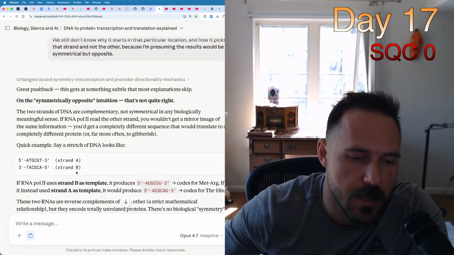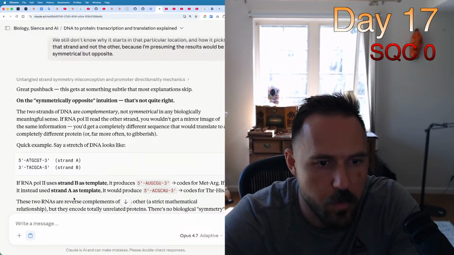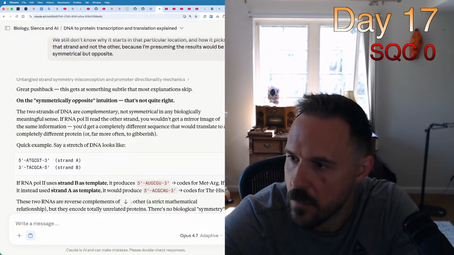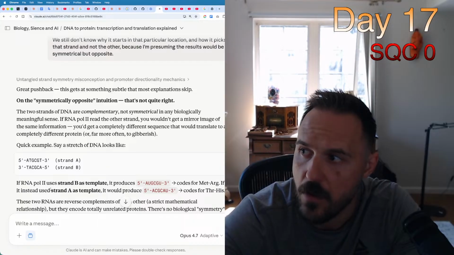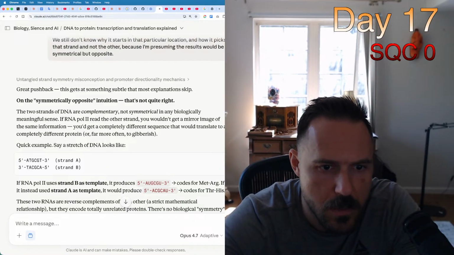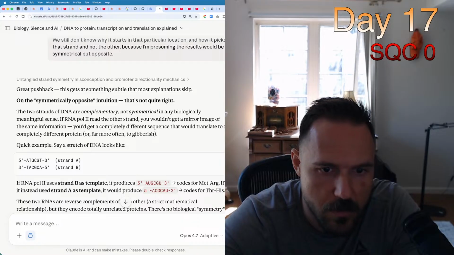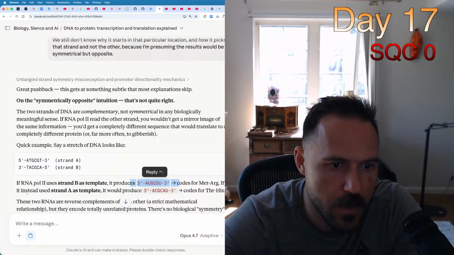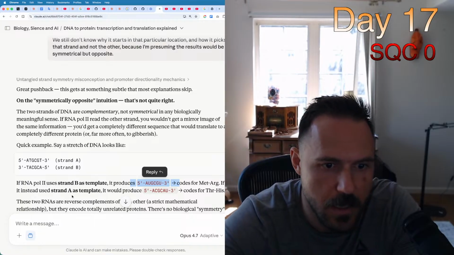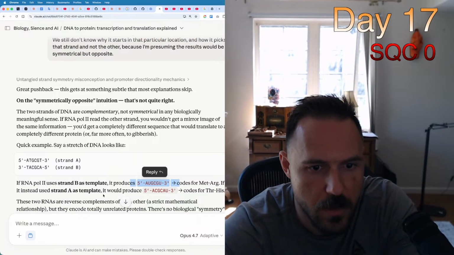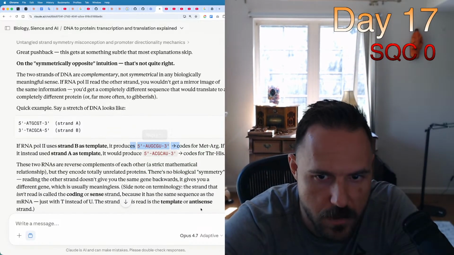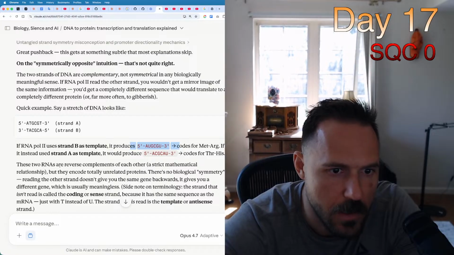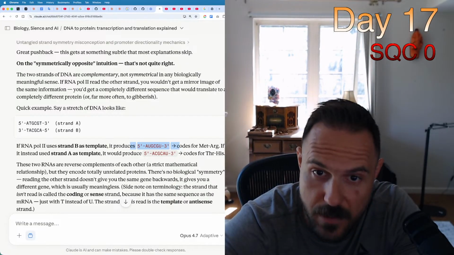Works. Now I understand. If RNA pol 2 uses strand B as a template, it produces codes for MET ARG. If it instead uses strand A as a template, it would produce codes for this. Yes. Those two RNAs are reverse complements of each other. That's exactly what I'm saying.